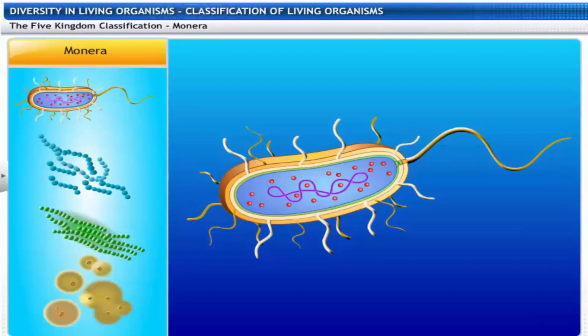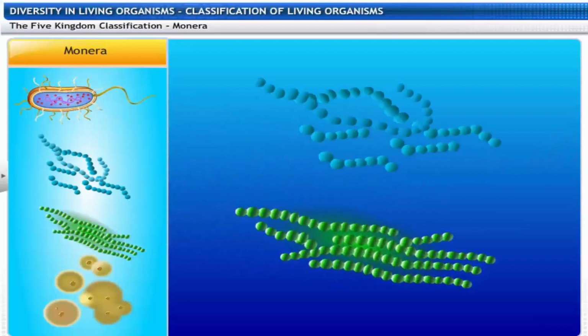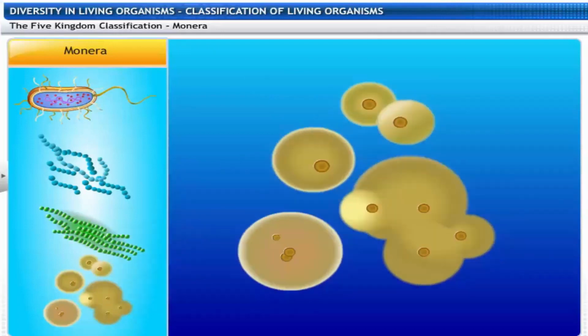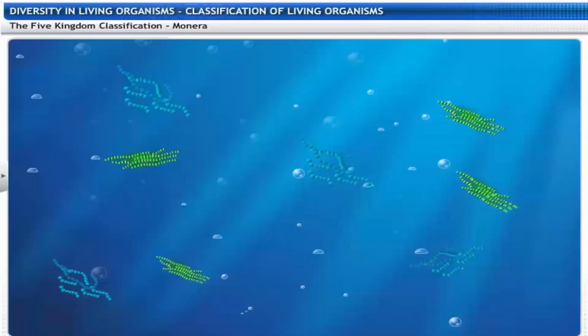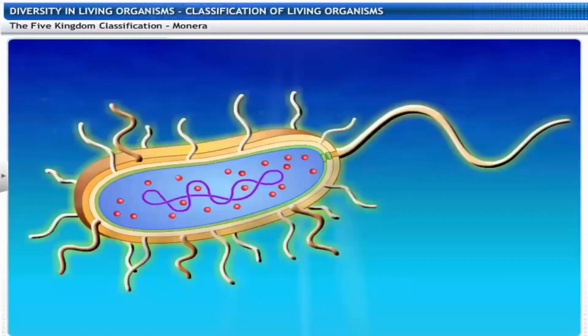Some of the common monerans are bacteria, blue-green algae, or cyanobacteria, and mycoplasma. Monera are autotrophic. They get their nutrition by synthesizing their own food. They are also heterotrophic. That is, they get their nutrition from the environment.